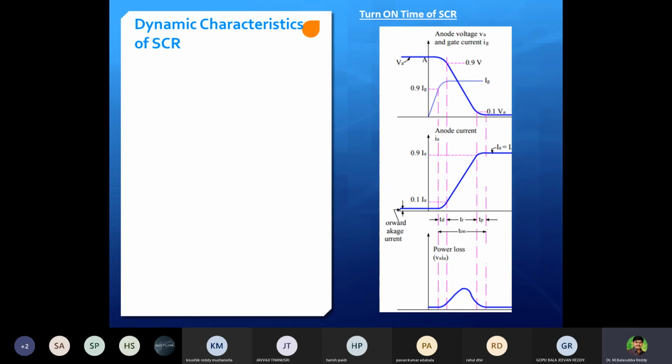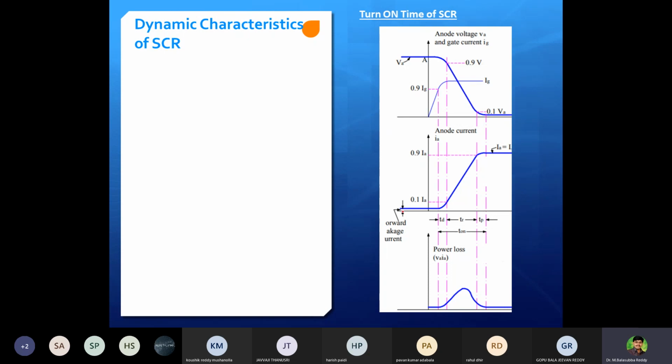Now this is the diagram. If you notice, for the turn on time of an SCR, I plotted some graphs and we can notice the things. The first curve is the anode voltage, and this one we call the gate current.